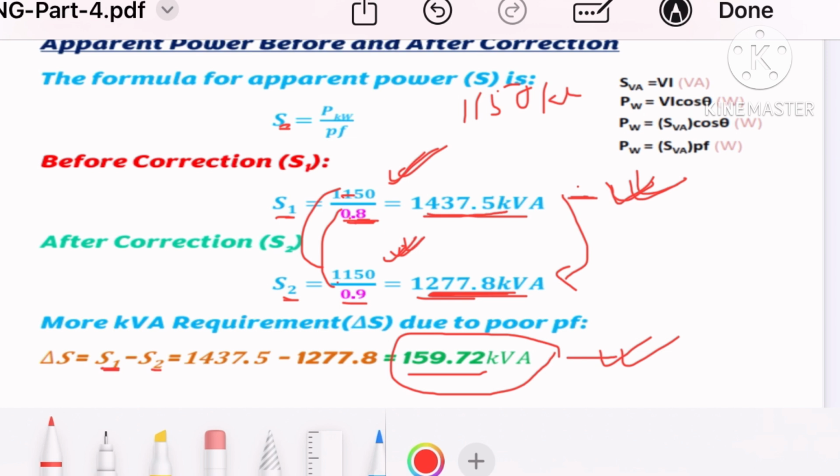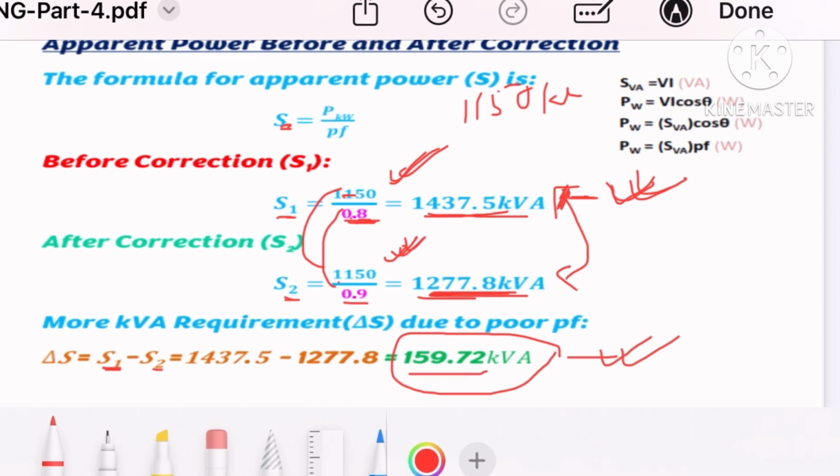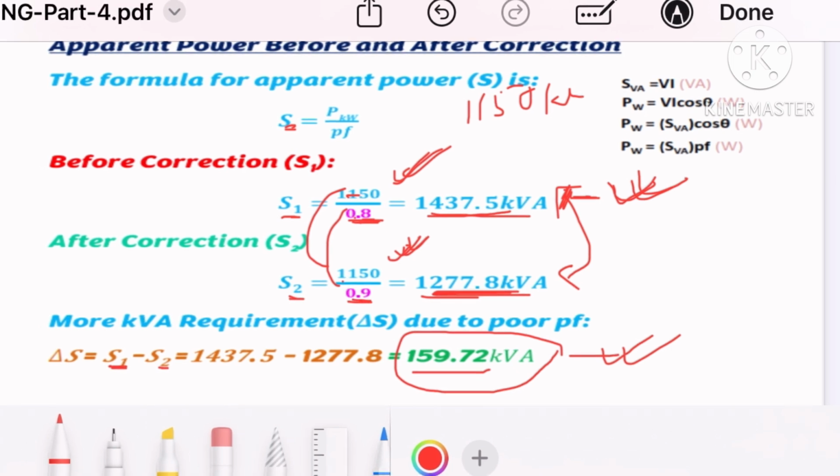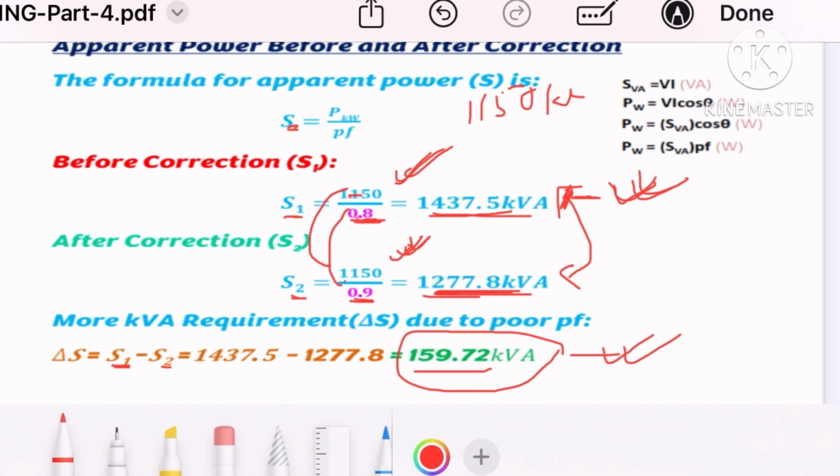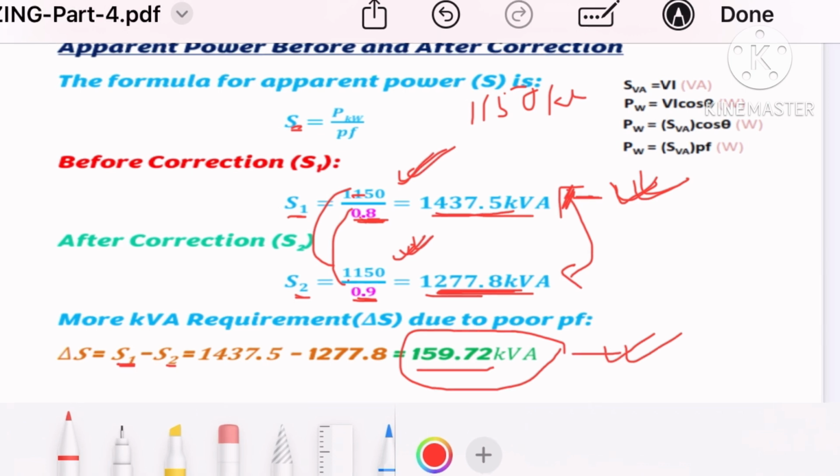If you compare the apparent power requirement at 0.8 and 0.9, you will observe that the apparent power requirement at the improved power factor is lesser than at the poor power factor. So how much are we reducing when improving the power factor from 0.8 to 0.9?